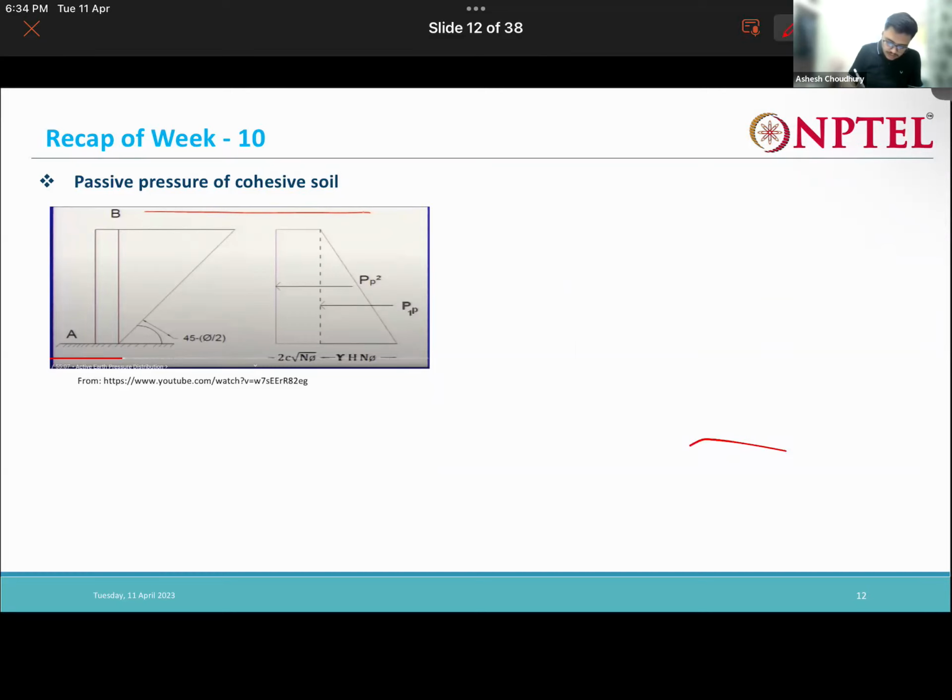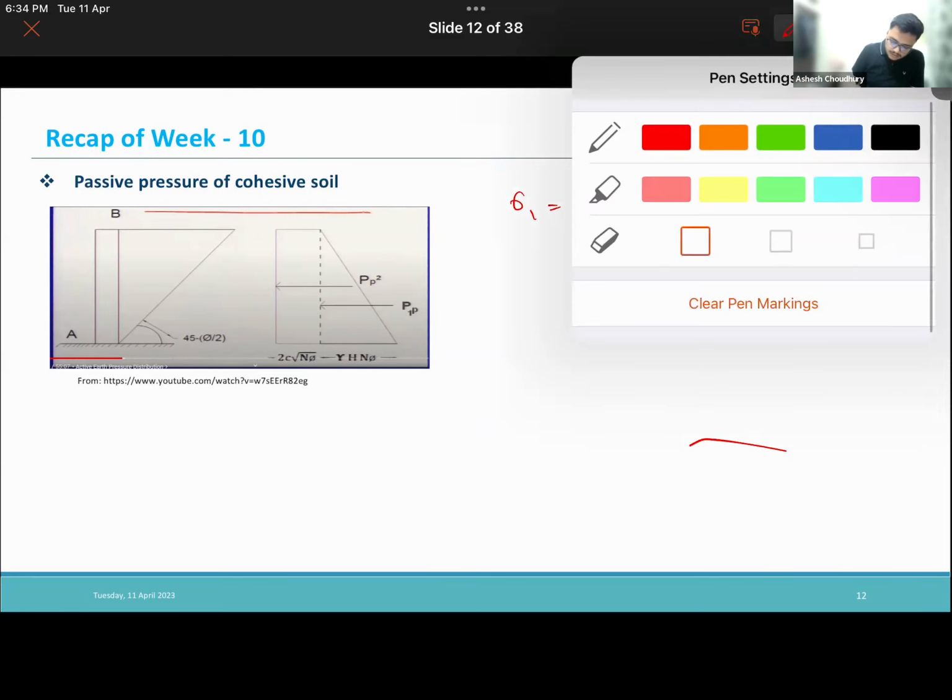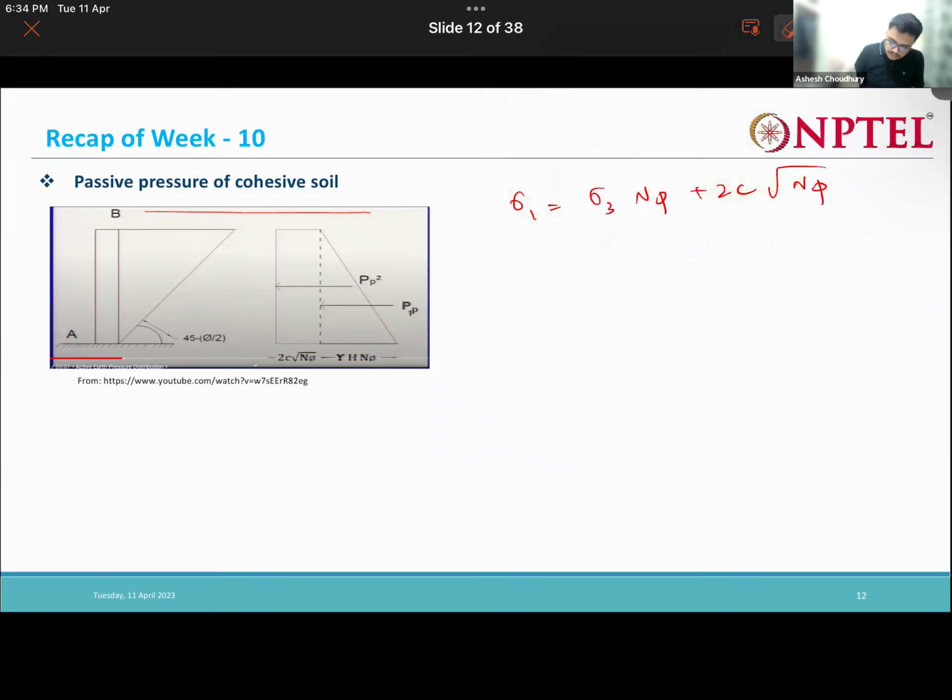Sigma 1 is equal to C, sigma 1 is my passive pressure, sigma 3, and phi, right? This gamma into Z, right? This dot and phi. Right?